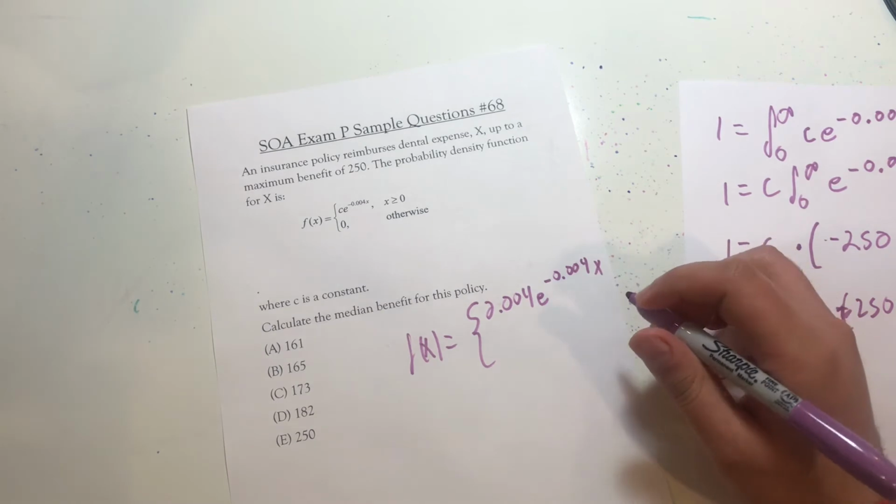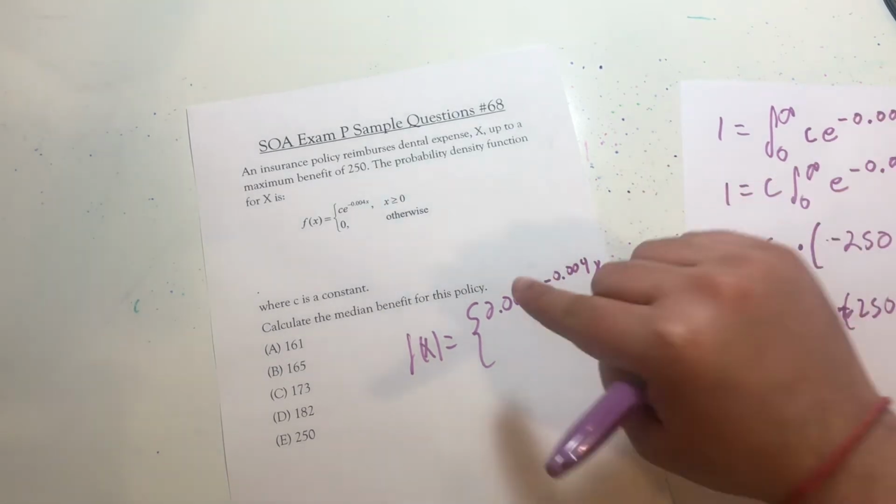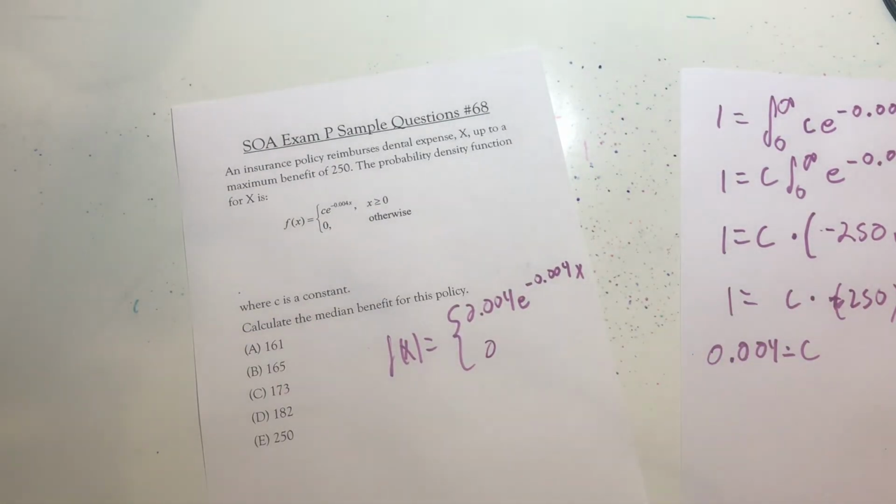And this is where it's really useful to memorize rules about probability distributions, because that is very clearly an exponential distribution, which will help us out tons. We're asked to find the median for the benefit of the policy. The median is the value at which your cumulative distribution is equal to 0.5.